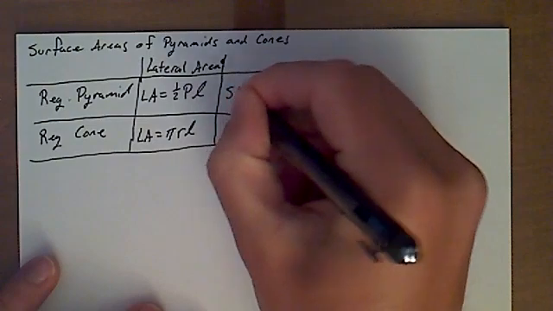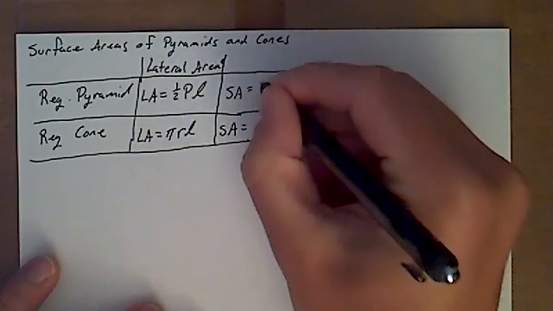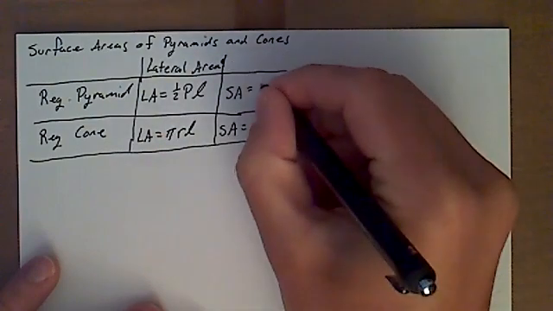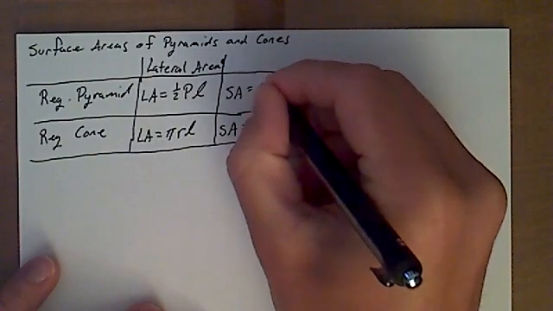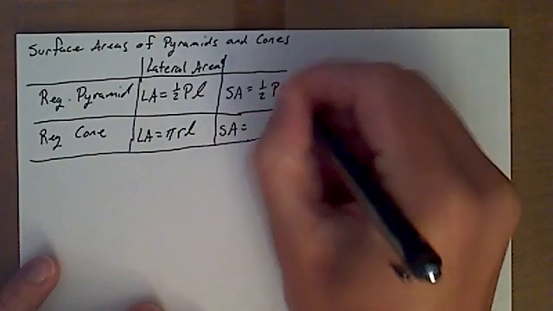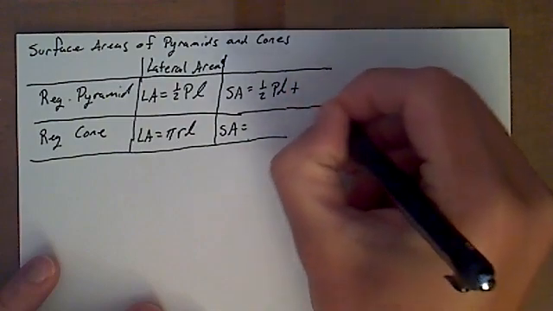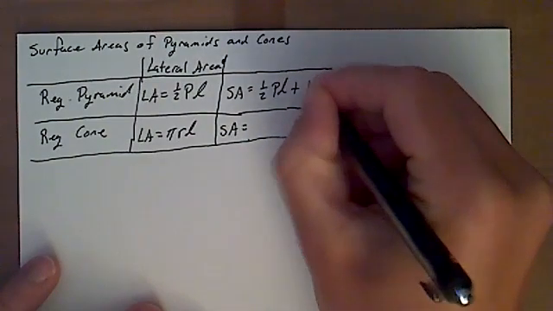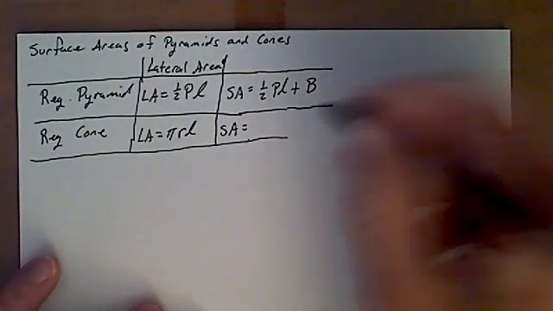And then the surface area for each of these is, again, that lateral area. So you could just put LA here. I think it's better to have 1/2 PL again, plus, well, the area of the base, and that base can change, so we just call it B. B is for area of the base.